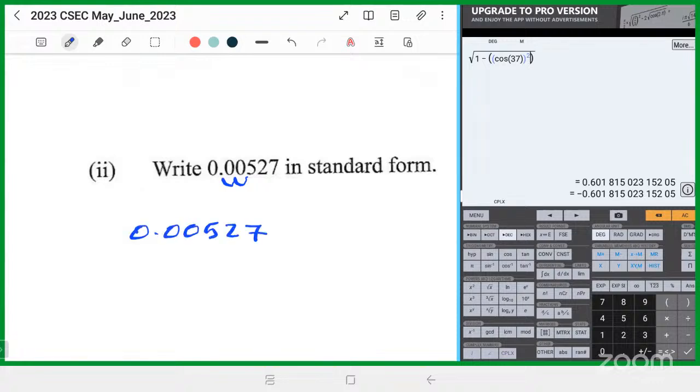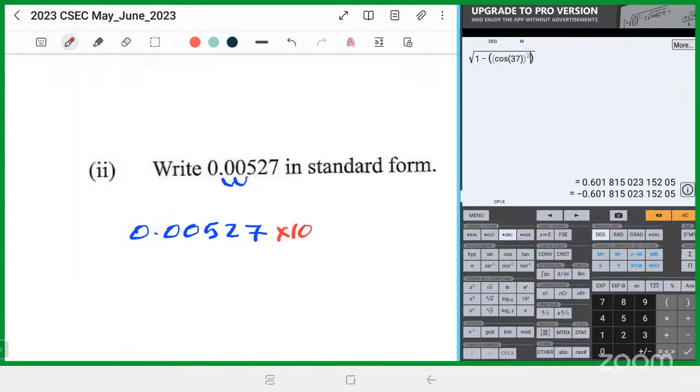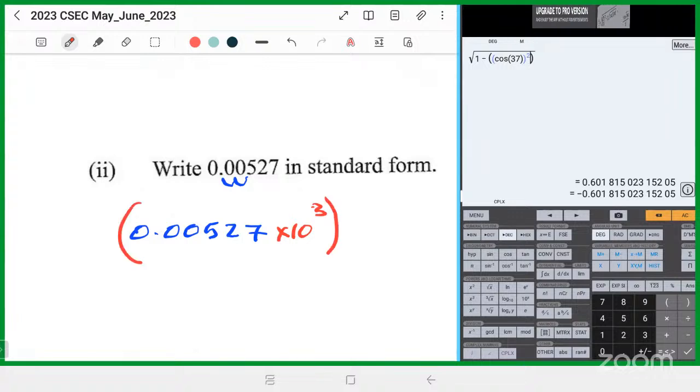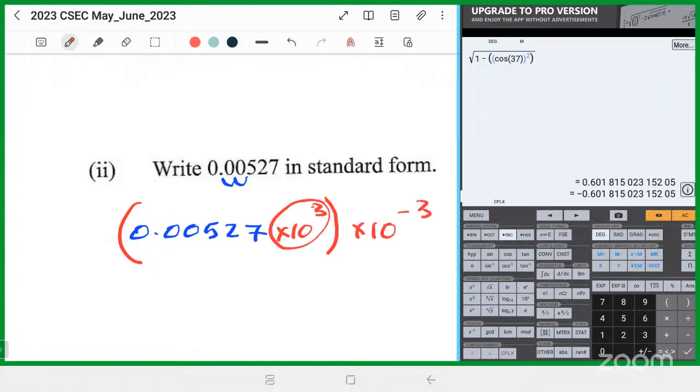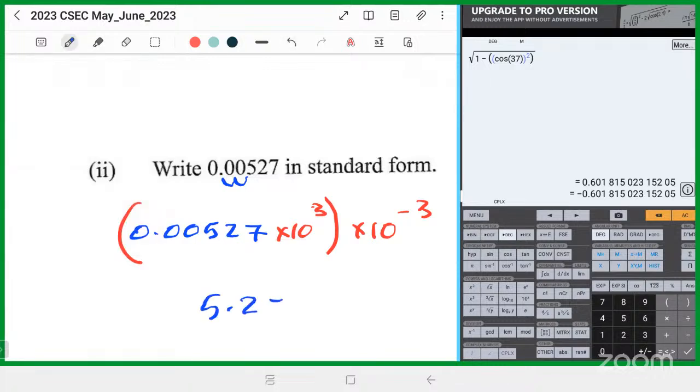0.00527. To move the decimal point where I want it, I'm going to multiply by 10 cubed. This will move it for me. To cancel that multiplication by 10 cubed, I'm also going to multiply by 10 to the minus 3, so these cancel each other. But the decimal point is now where it's supposed to go. The final result becomes 5.27 times 10 to the minus 3. We moved the decimal point 3 places to the right.